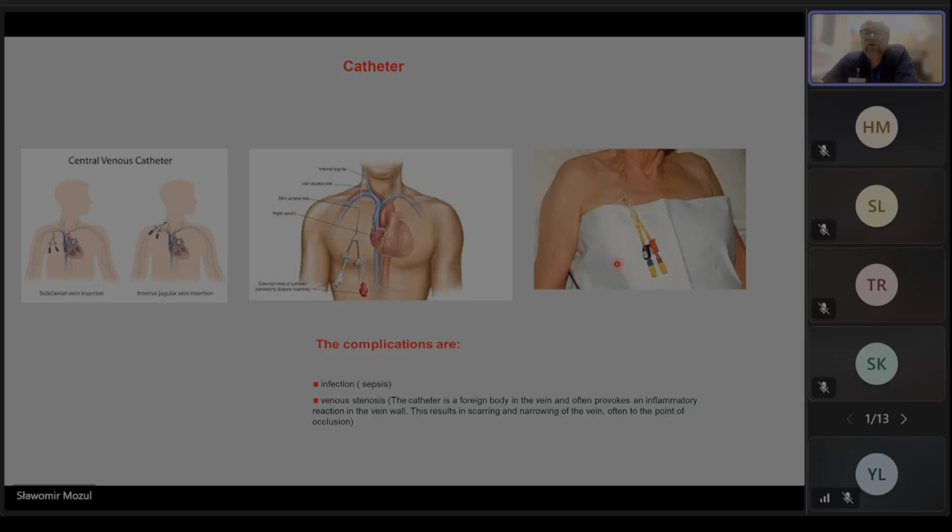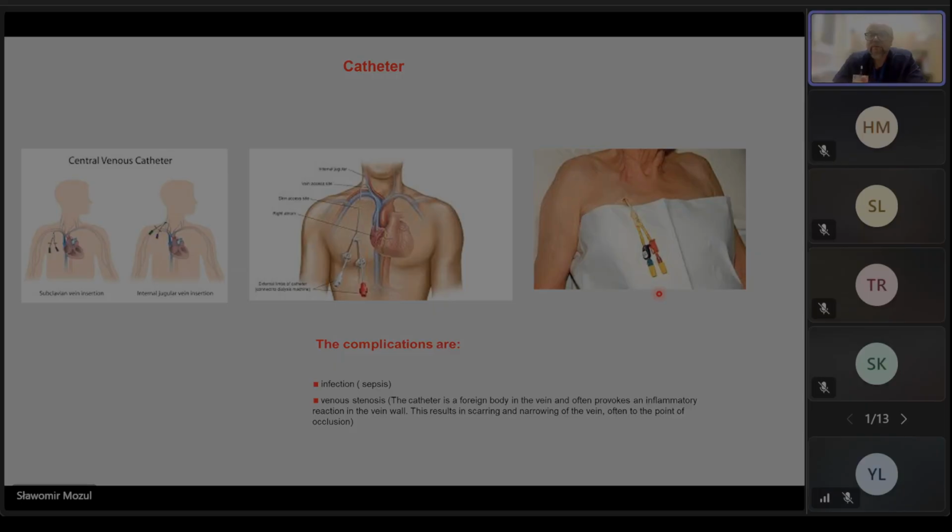As such, tunneled catheters are designed for short to medium-term access: weeks, months, but sometimes years.